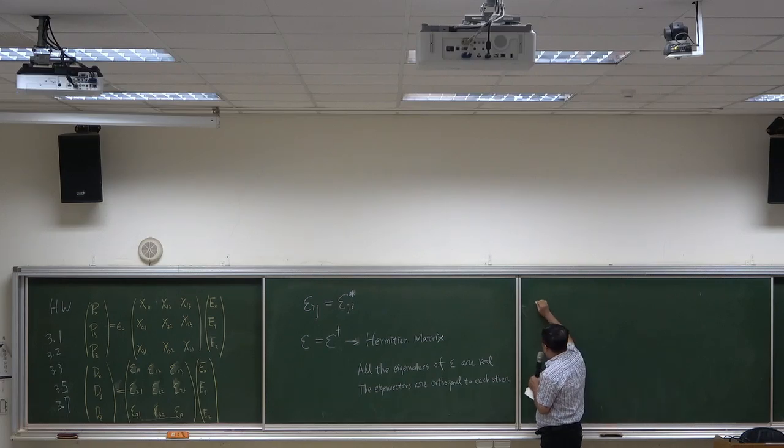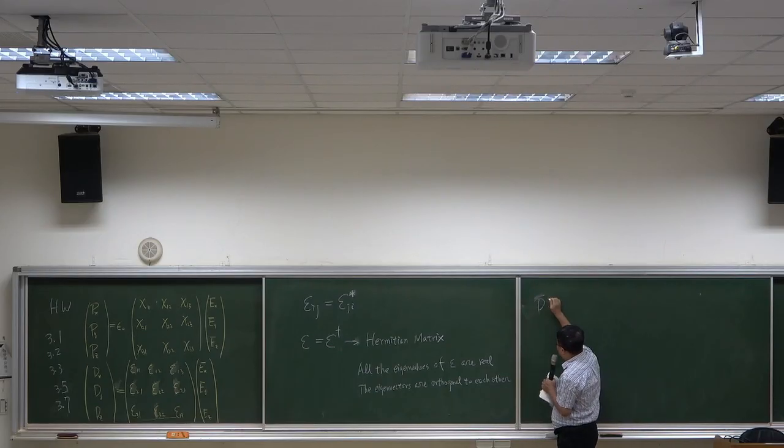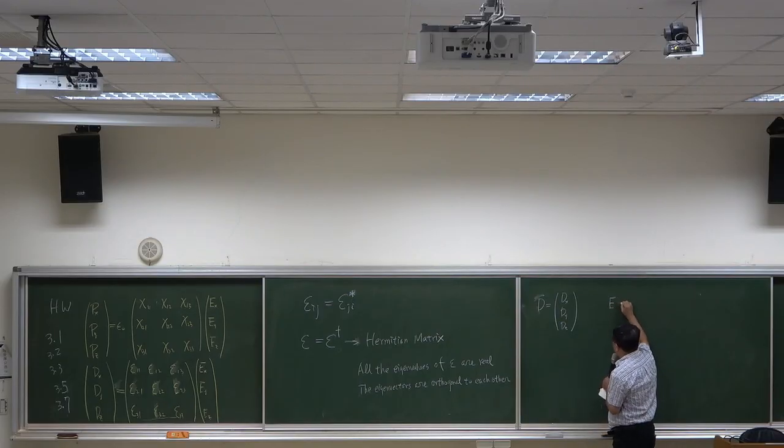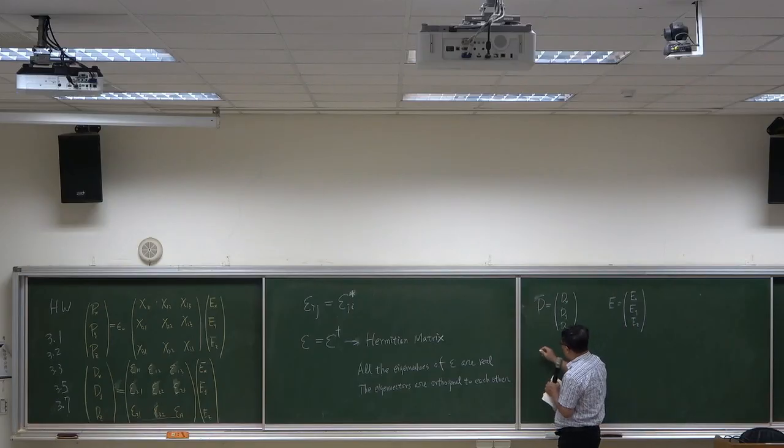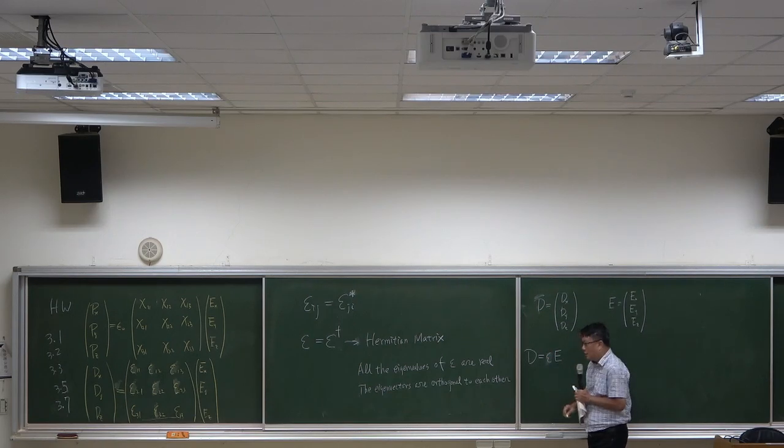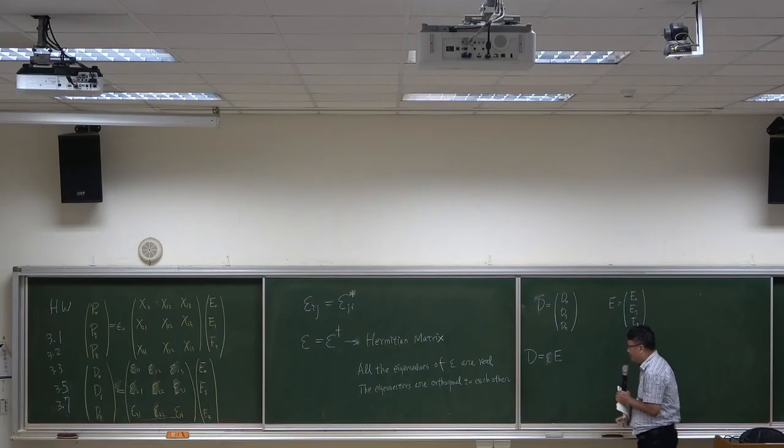Suppose originally I have a coordinate system. In that system, I can write the D vector as Dx, Dy, Dz, and the E vector as Ex, Ey, Ez. And there is the relation D equal to epsilon times E. Here D is a column vector, E is a column vector, and epsilon is a square matrix.